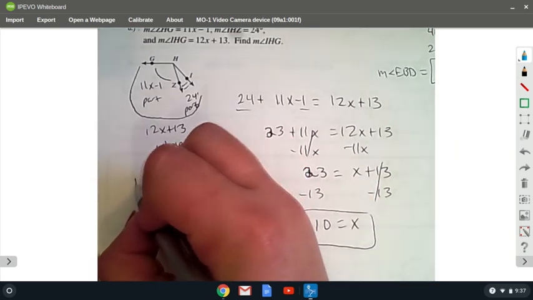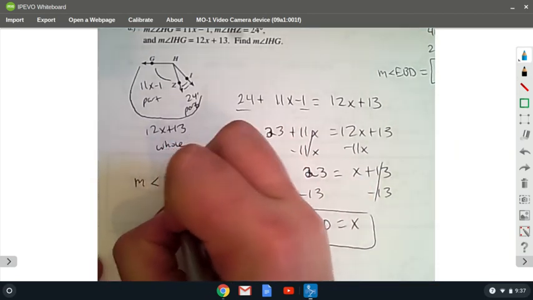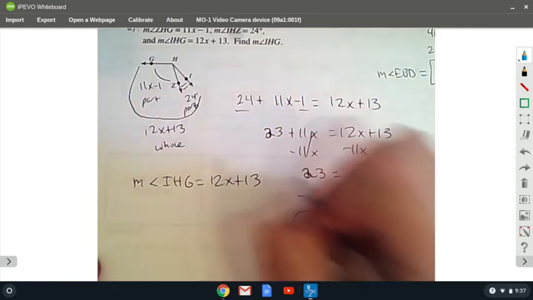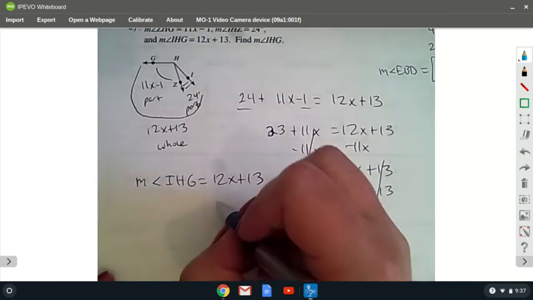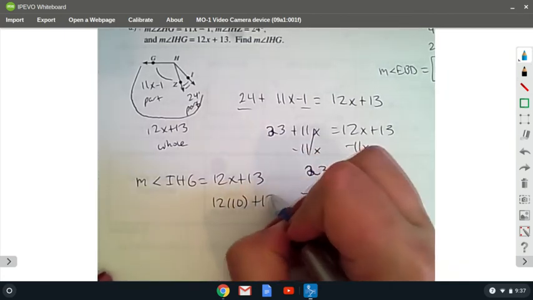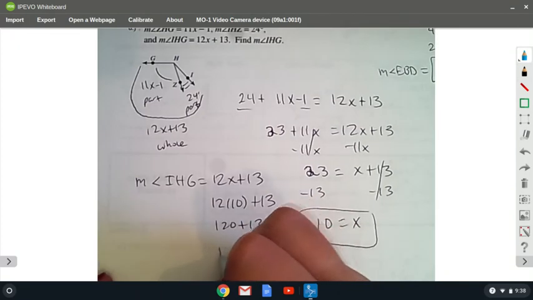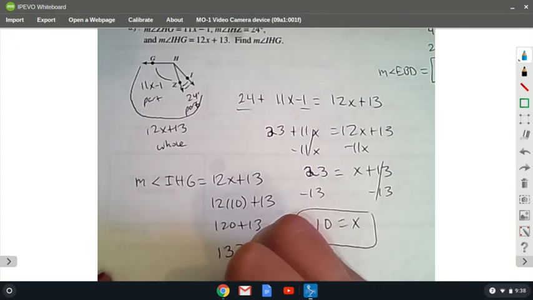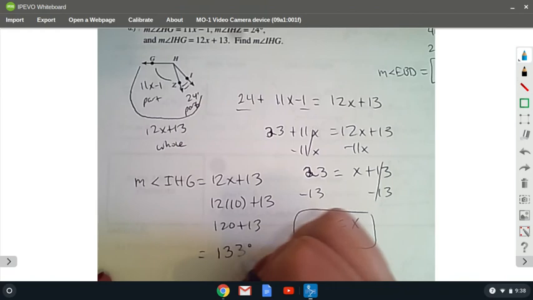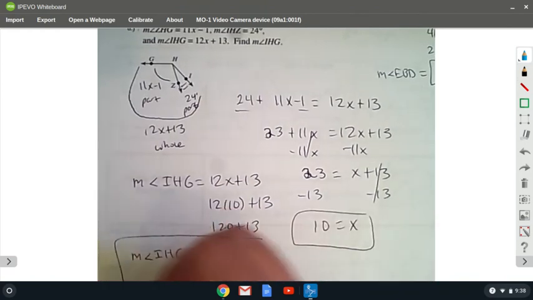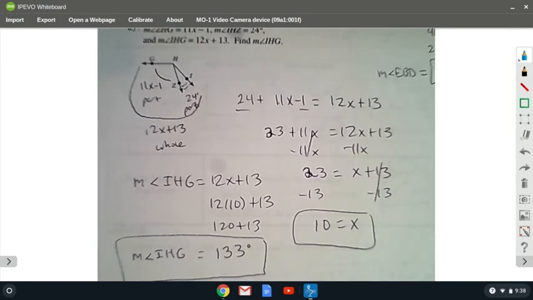They asked me to find the measure of angle IHG, which is labeled as 12x plus 13. So I'm going to go ahead and plug in 10 for x. And I get 120 plus 13, which is 133 degrees. So that is my measure of IHG and my final answer.